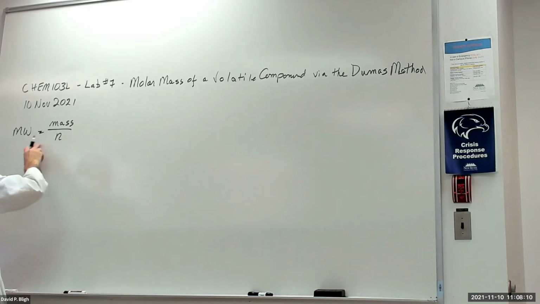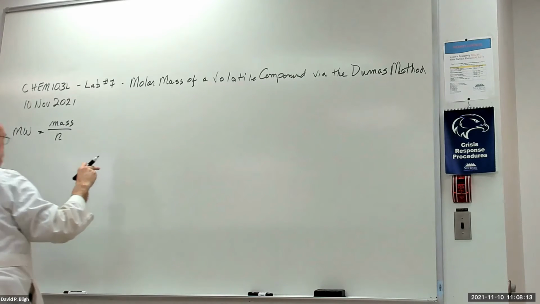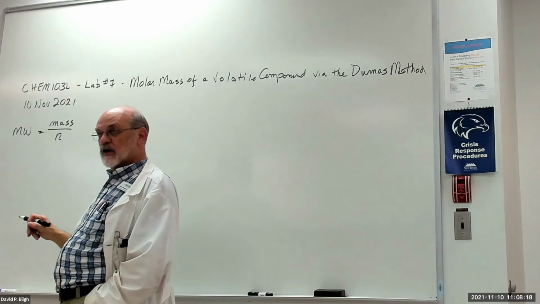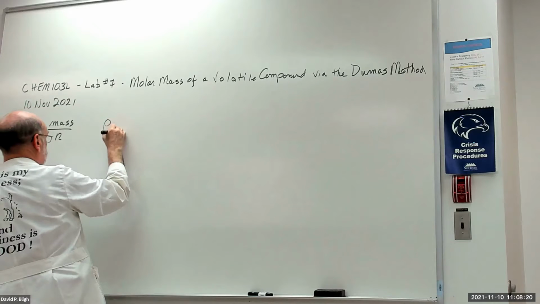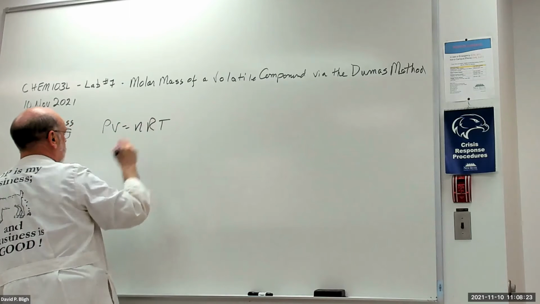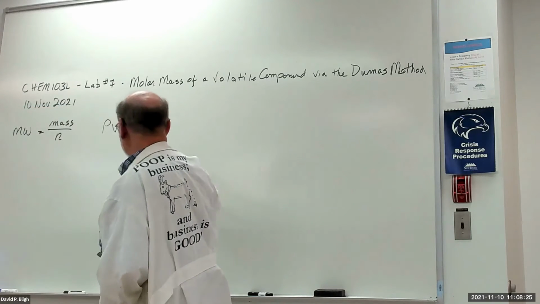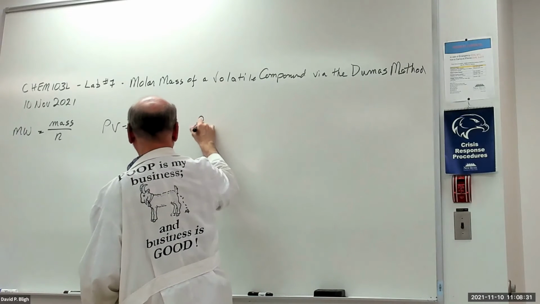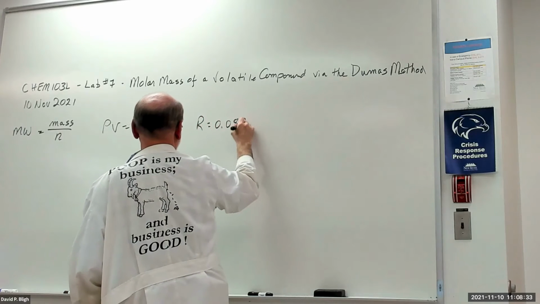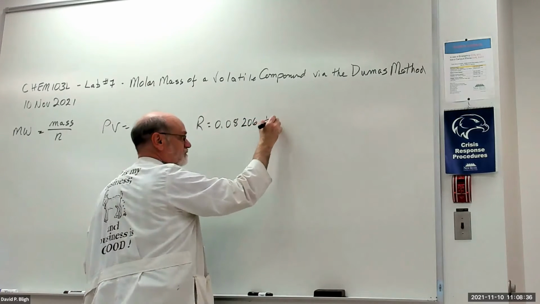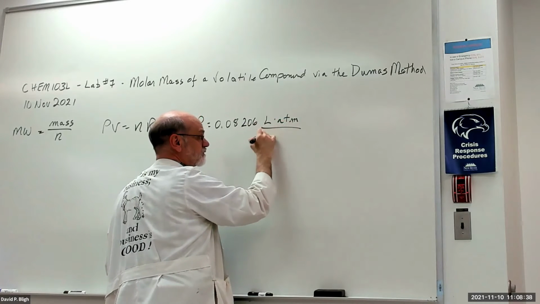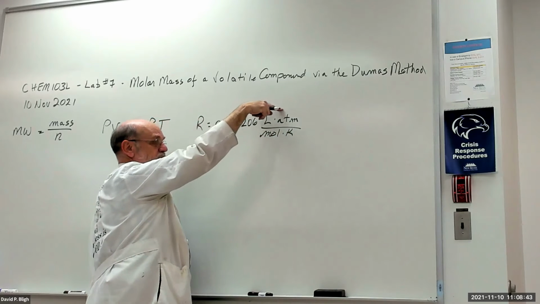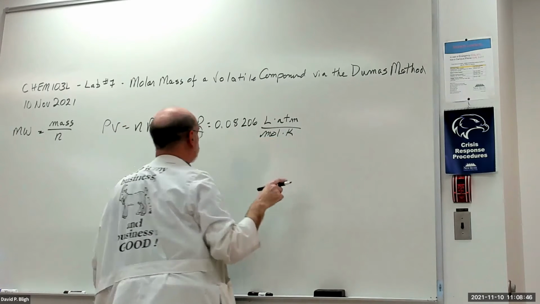So this is our end game. But since we're dealing with gases, we're going to use the ideal gas equation to help us. PV equals nRT. So we assume that R is this value, with these units of measure: volume, pressure, moles, temperature.